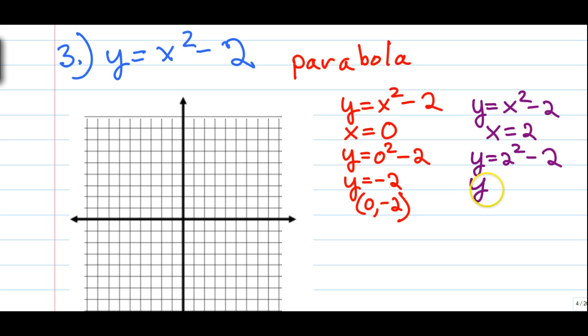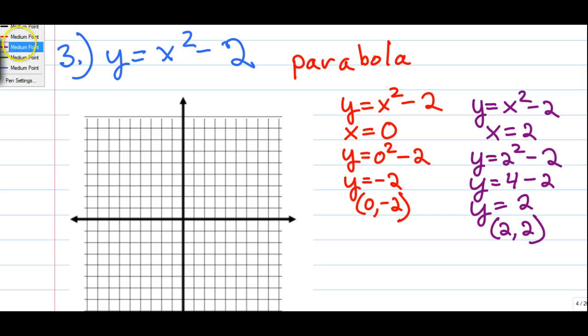This solves as y equals 4 minus 2, so y is equal to 2. So my ordered pair is 2, 2. Let's find one more point before we start graphing. I had a 2, 2.